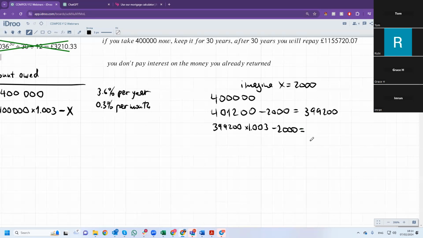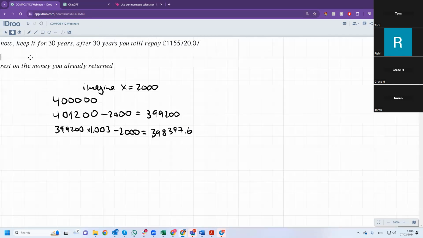And that would be times 1.003 minus 2,000. And it's going to be 398,397.6. So you can see that the amount of money you owe doesn't go down by 2,000. The first month it goes down by 800.